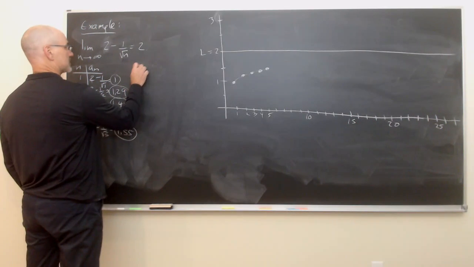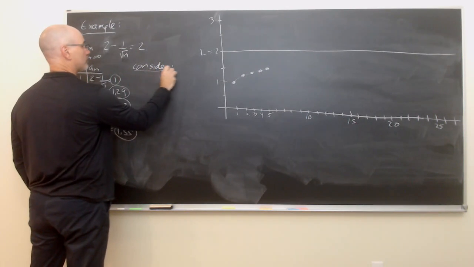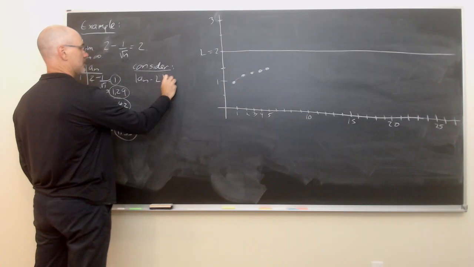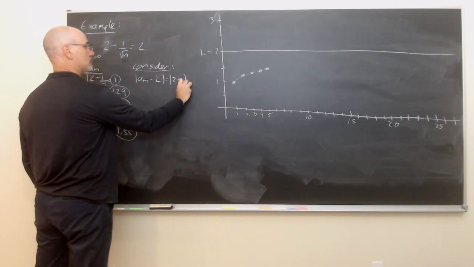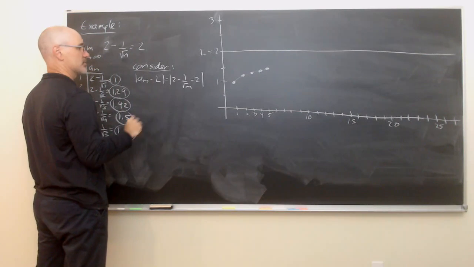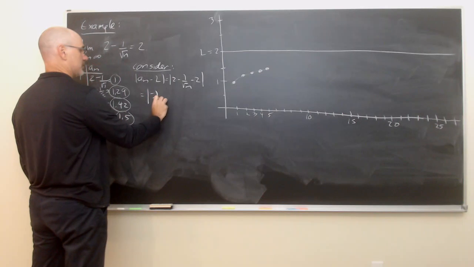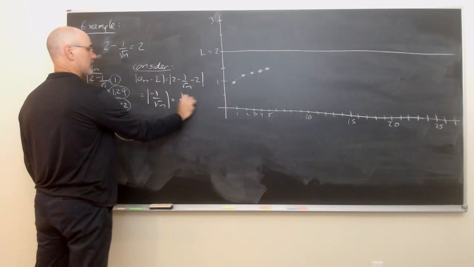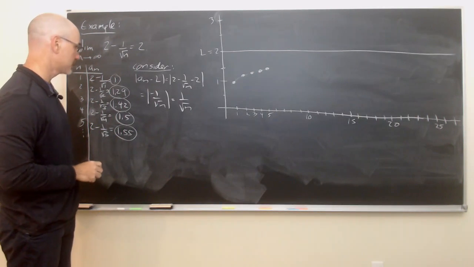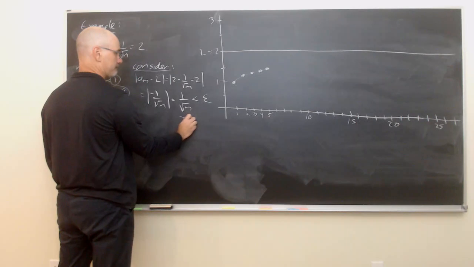All right, so let's consider the same thing we always start with, a sub n minus L. Our proposed limit is 2, so 2 minus 1 over root n minus 2, that's minus 1 over root n. And so when I take the absolute value, I get 1 over root n. And that's what I want to make small.